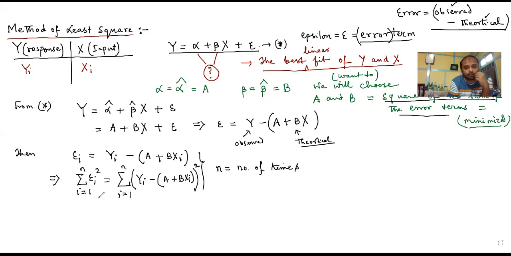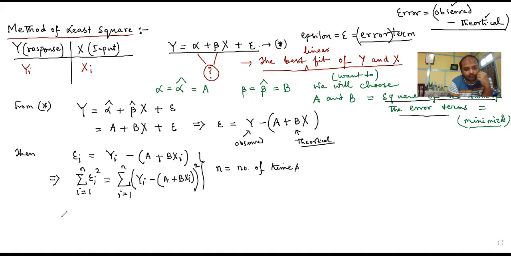So this I want to minimize so that I get the best estimate denoted by capital A and capital B. And once we can find the value capital A and capital B, then we can substitute that value in the equation and we'll get our best fit, which will be known as the linear regression equation. We give this equation a number.